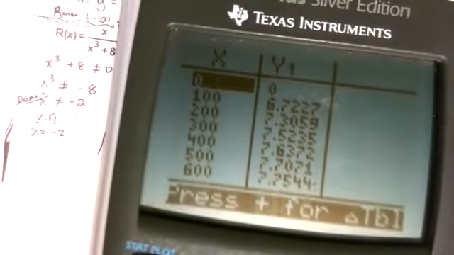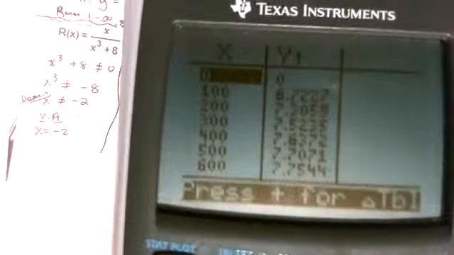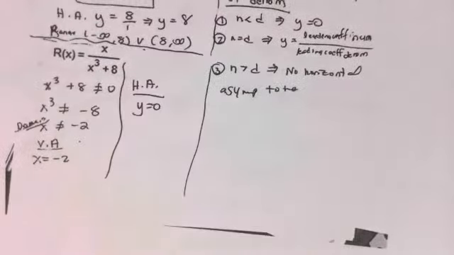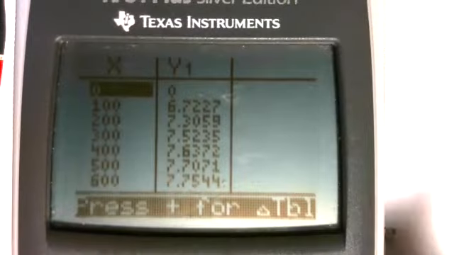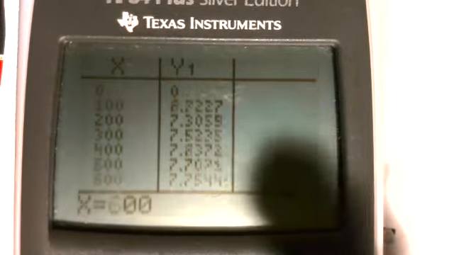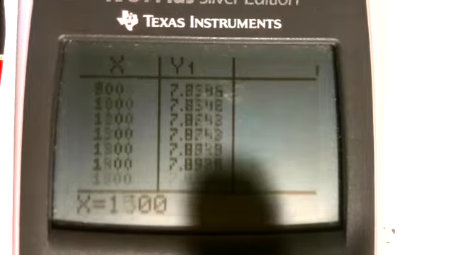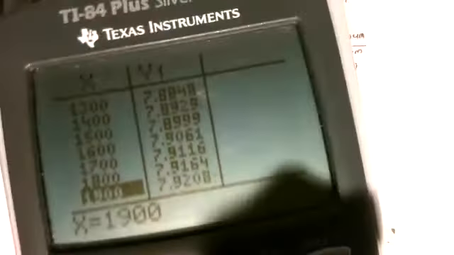And then we see, and what did we say it was going to be? That it was going to be 8. We can kind of see it starting to get closer to 8 here. If you look at it, as the x is getting bigger, it is getting closer to 8.